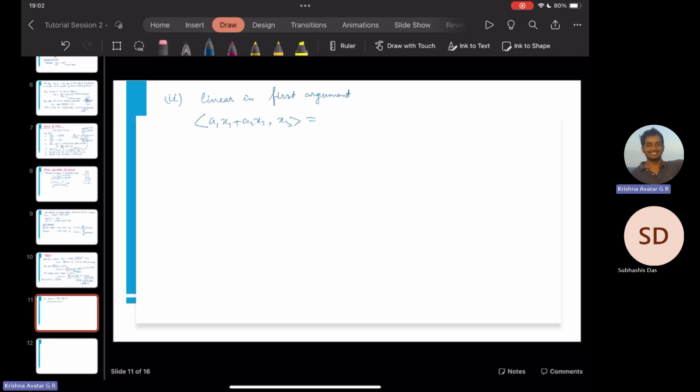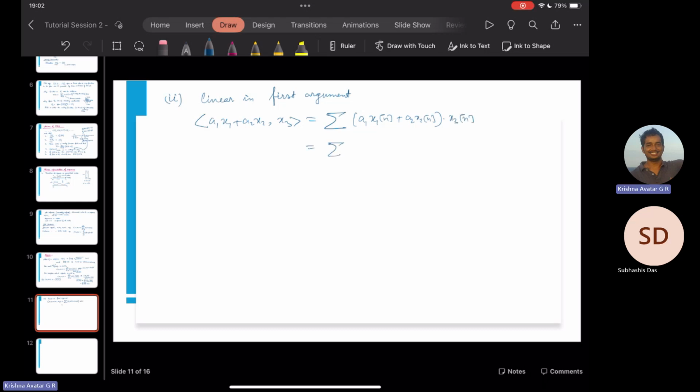Now let's expand it, first considering it as a discrete signal. Then we can write it as the summation over n from minus infinity to infinity, though the endpoints are already implied from the summation operation, of a1 x1[n] plus a2 x2[n], right? And into x3[n].